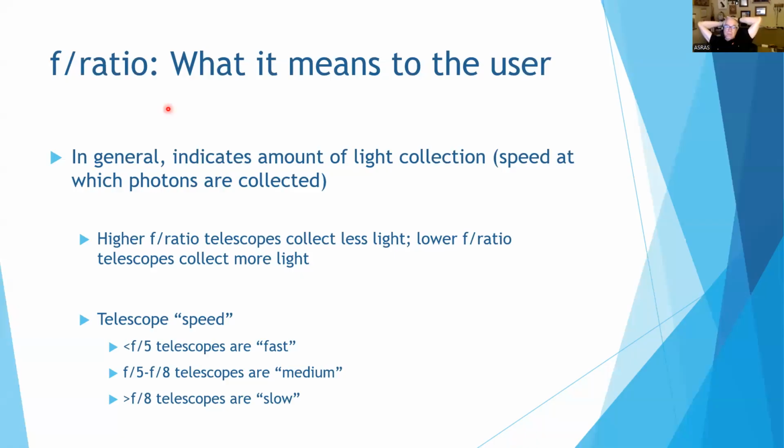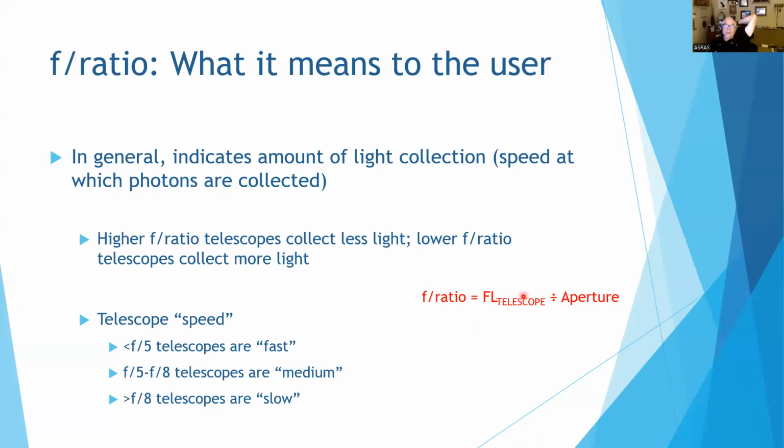So the longer the focal length of the telescope, the higher the F ratio, and the dimmer the object is going to be in the eyepiece. I just included this as a reminder of what this equation was.